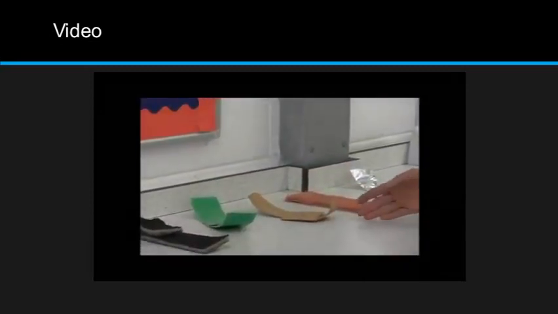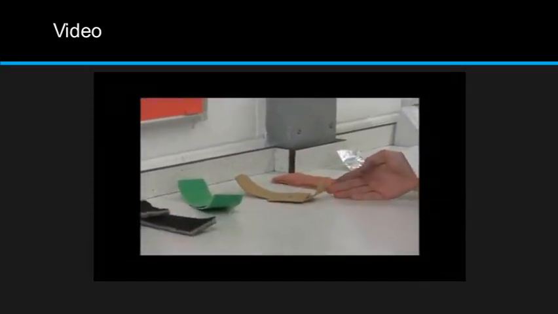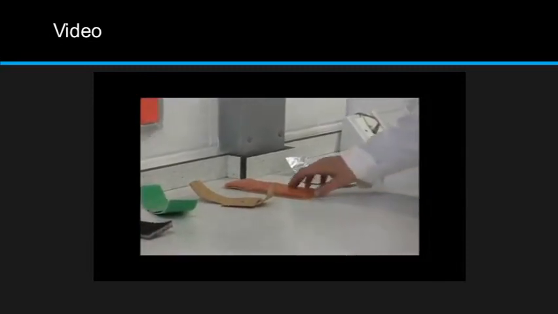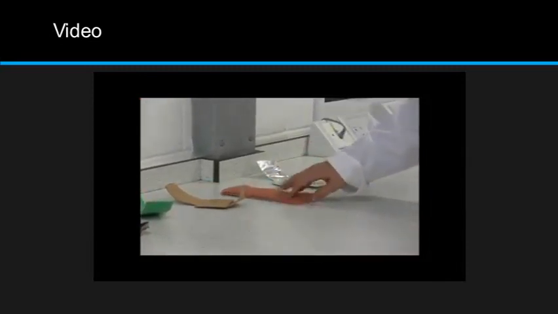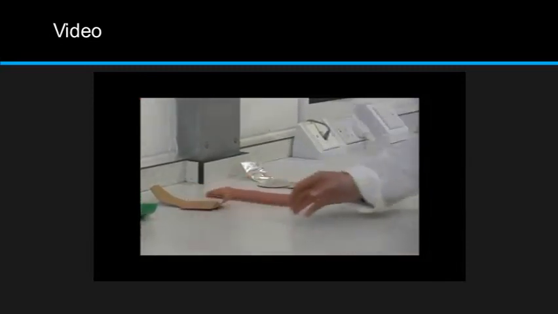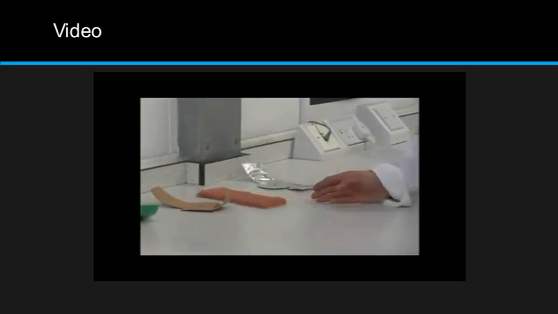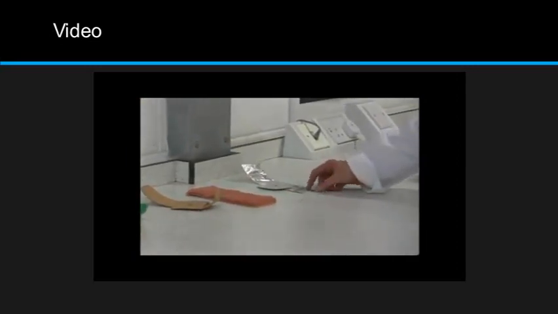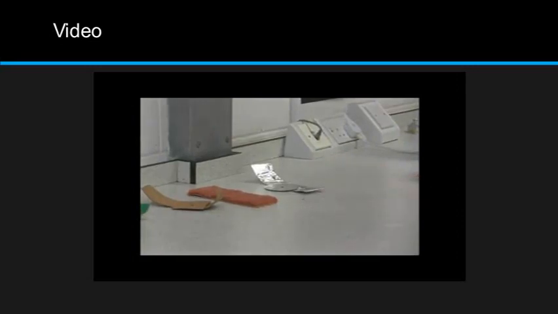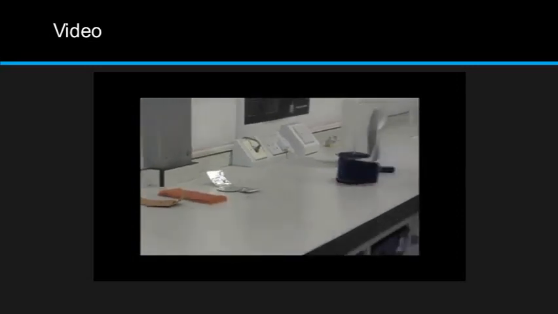The cardboard, which was laminated, was slightly worse with 32. The cork was not good at all at 37. The carpet rubber was as good as the laminated cardboard at 32 degrees, and the foil was absolutely appalling at 40.5 degrees.